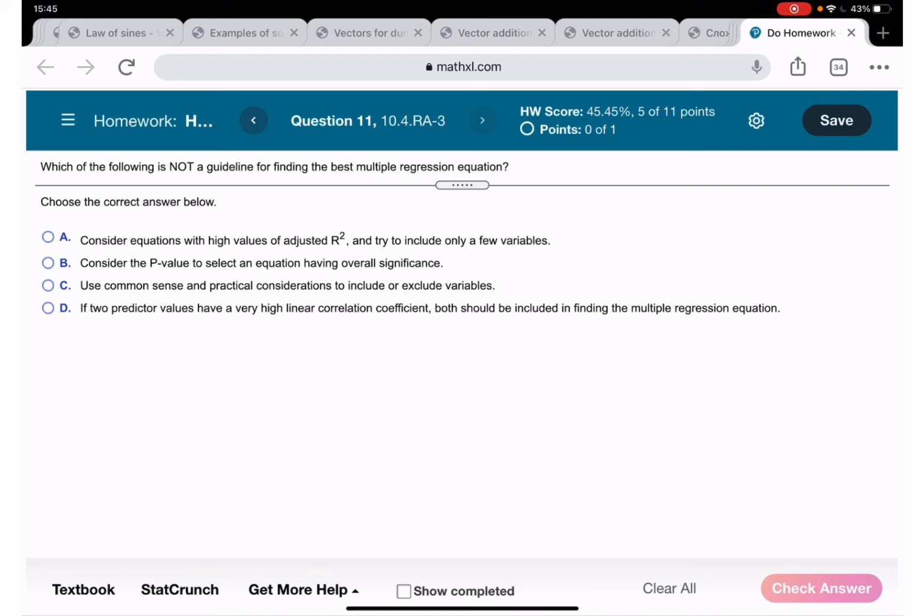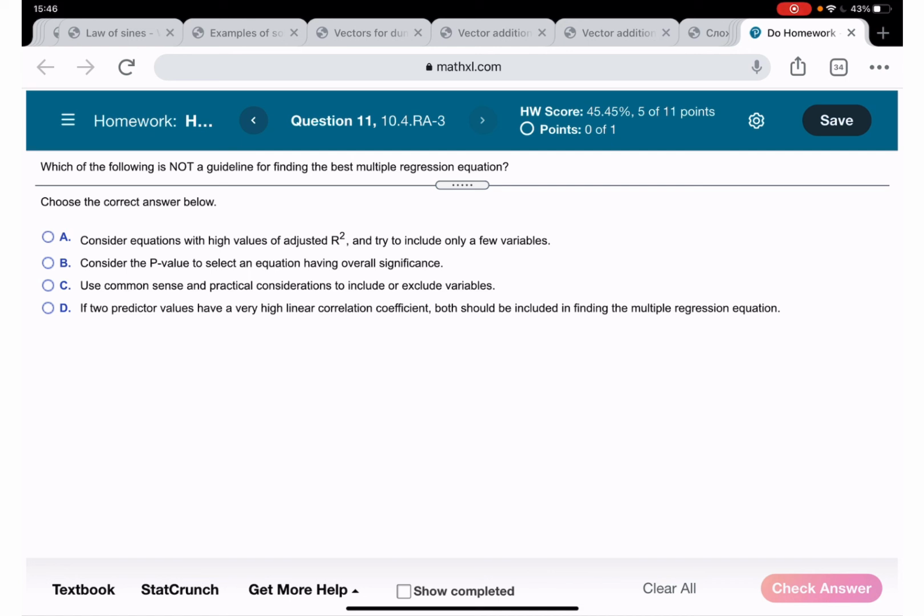And number 11. Which of the following is not a guideline for finding the best multiple regression equation? Consider equations with high values of adjusted R squared and try to include only a few variables. It is a guideline, right?